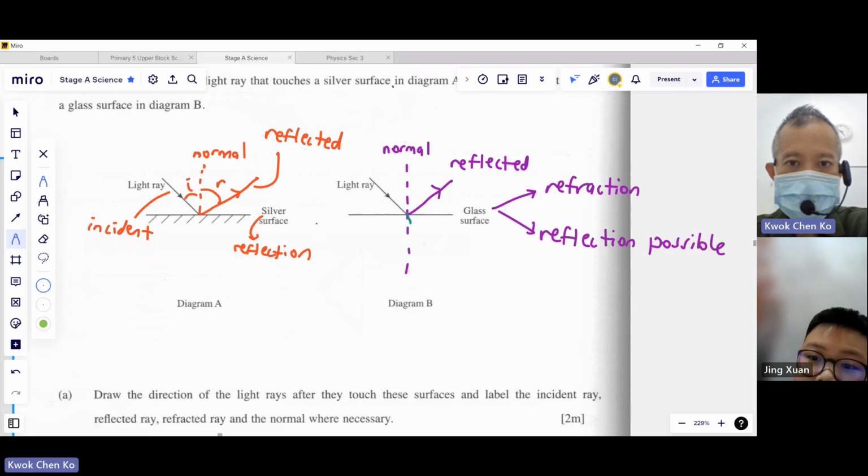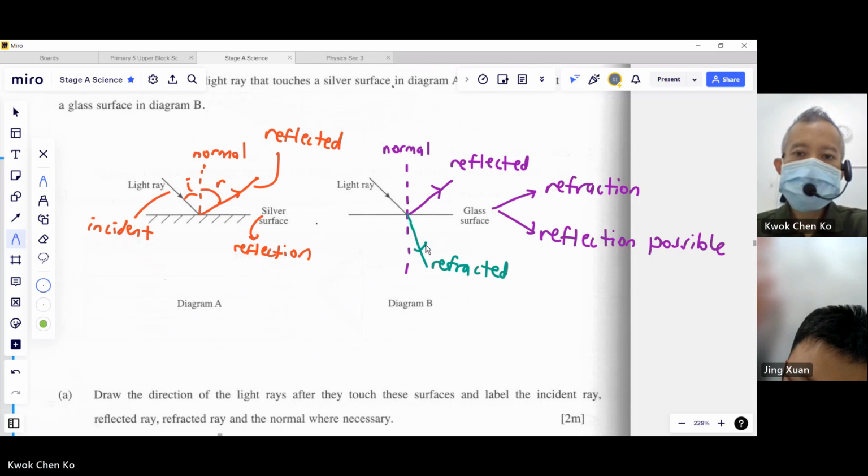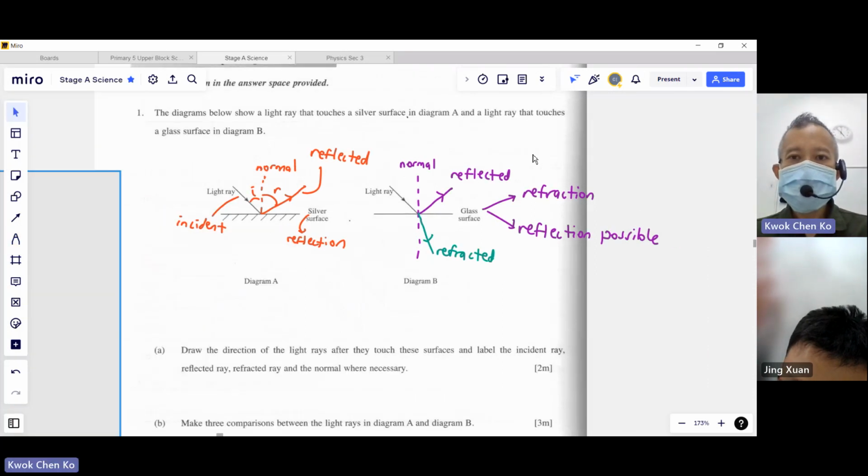And the refracted one. Make sure you have the arrows there. Check your angles.